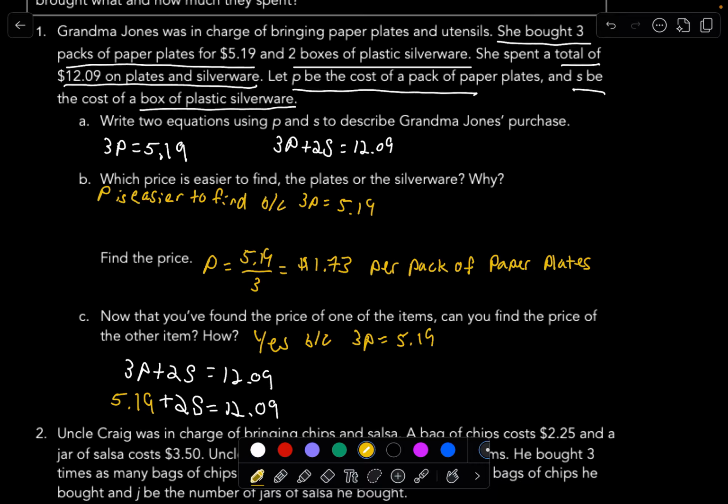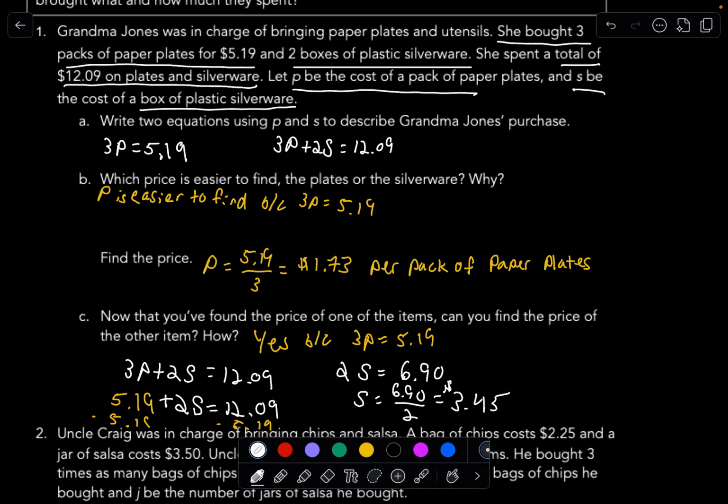How do we do it? Well, we have to get the constant values together, so we're going to subtract 5.19 from both sides. And we get 2S equals 12.09 minus 5.19, and that works out to be 6.90. So that's for 2 boxes of silverware. So for 1 box, we take 6.90 and divide it by 2, and that is 3.45.